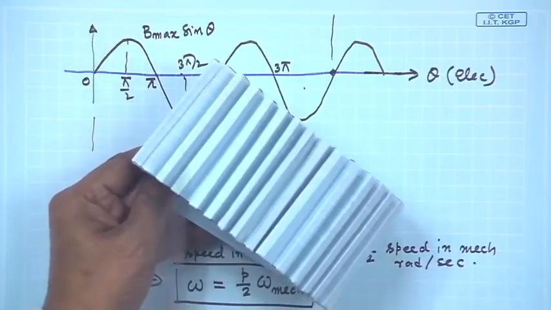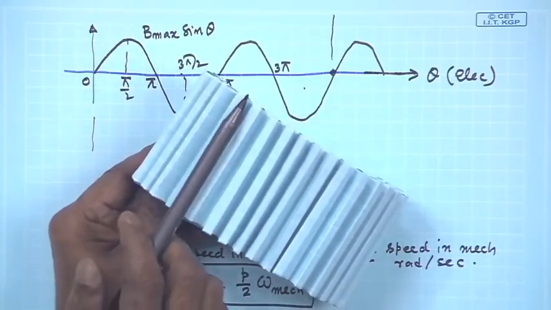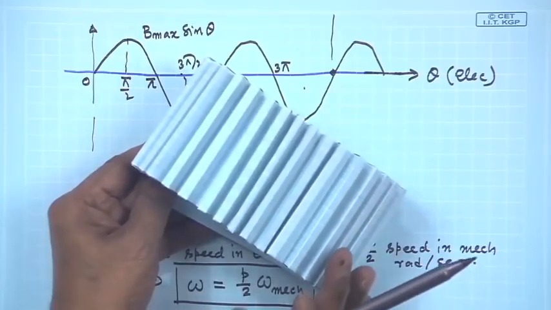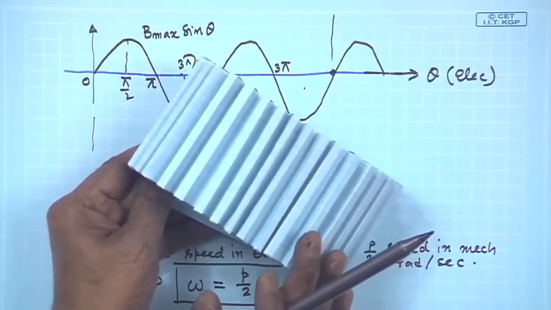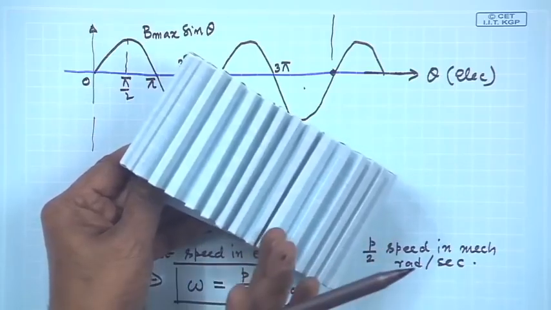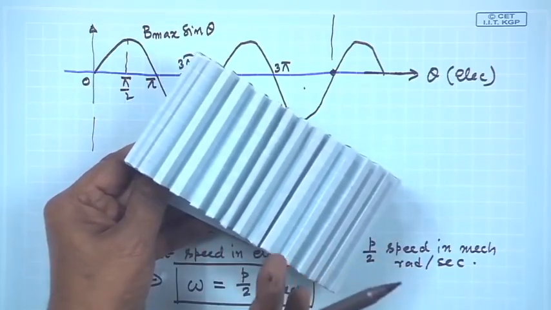But if it is a 4 pole machine, and you place one conductor in this slot which is under the north pole, where should the return conductor be placed? The return conductor must be placed 90 degrees mechanical apart. Why?